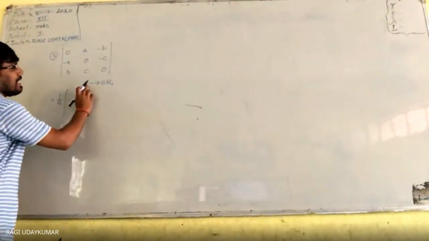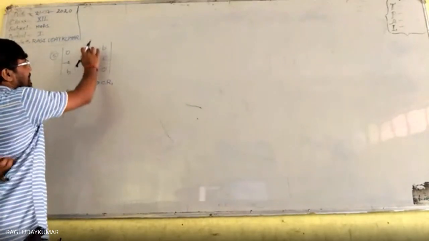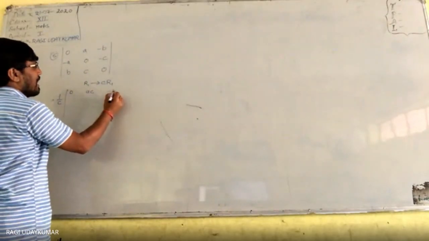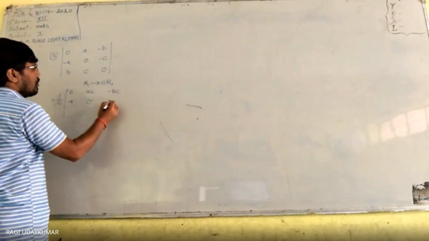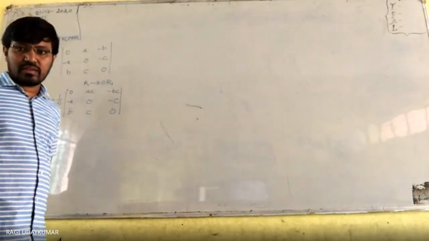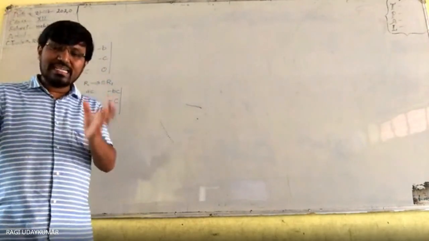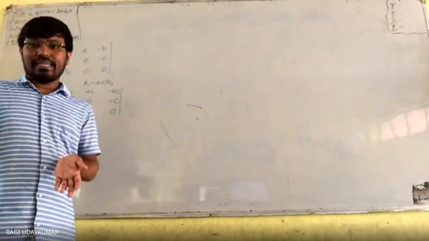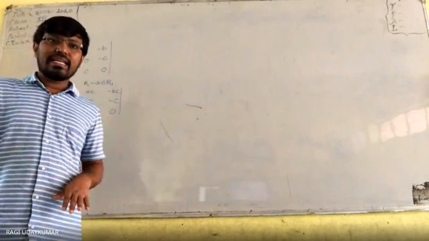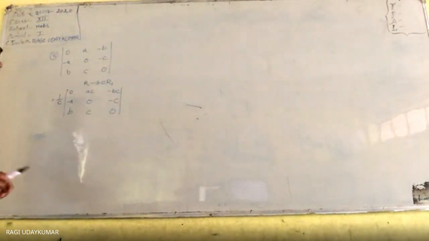So here I have multiplied the first row by C, because here as it is we are having C, I want to multiply by the C. So what you will get: 0, AC, minus BC, minus A, 0, minus C, B, C, 0. This is the matrix here, and its determinant is 0. So we need to proceed in such a way that we make two rows identical. If you make two rows identical, then you will be able to say, using the properties, that the determinant is zero. So now what we can do?